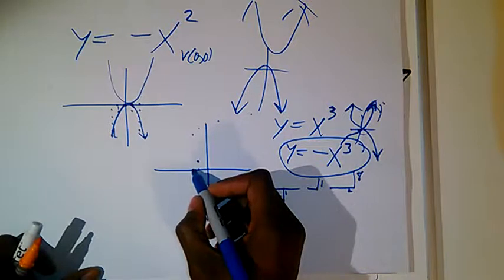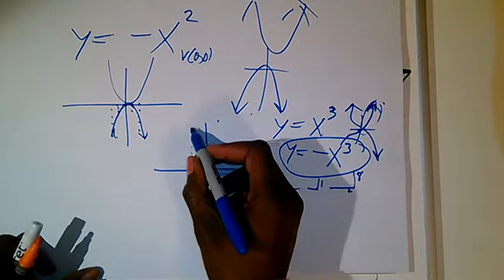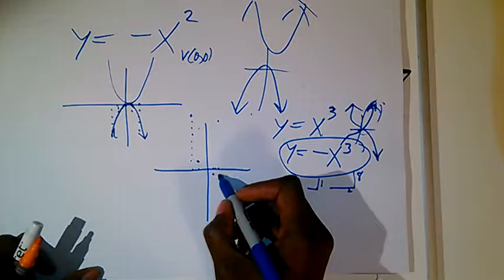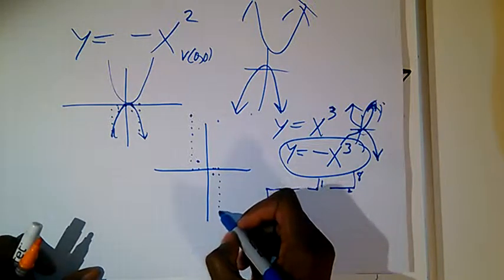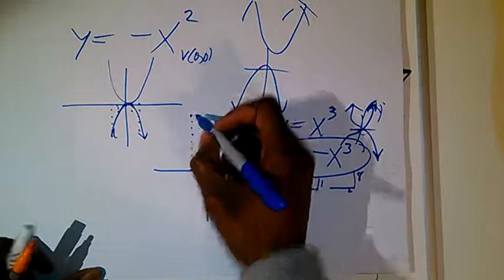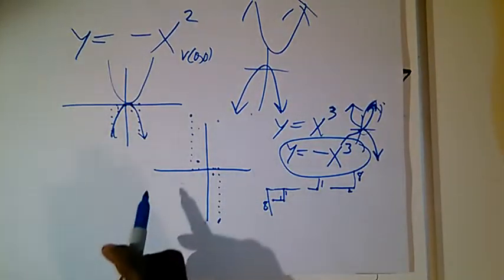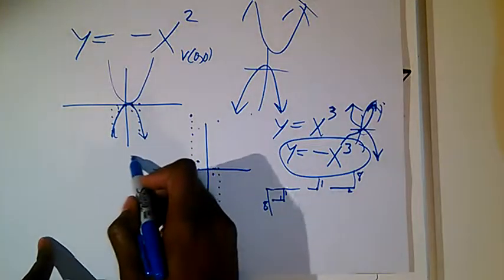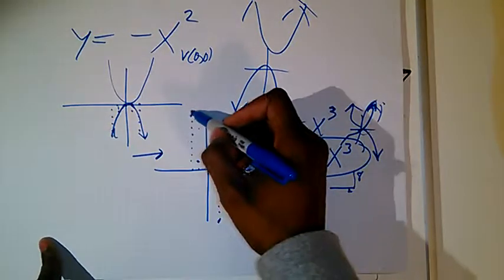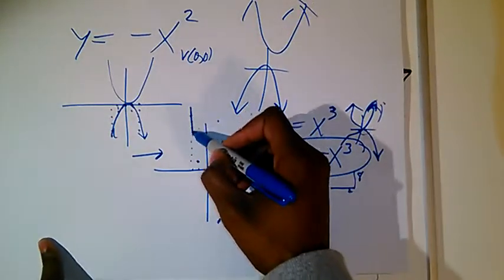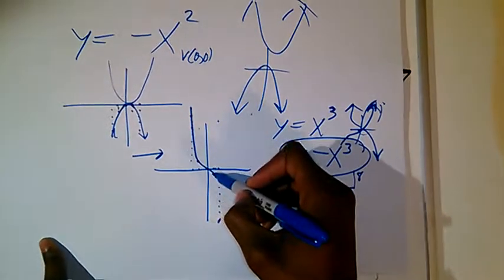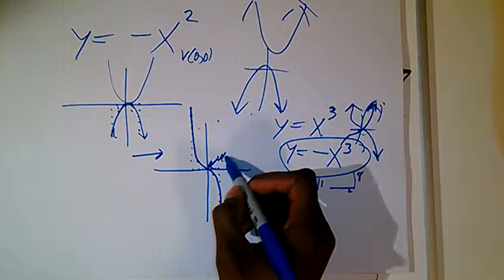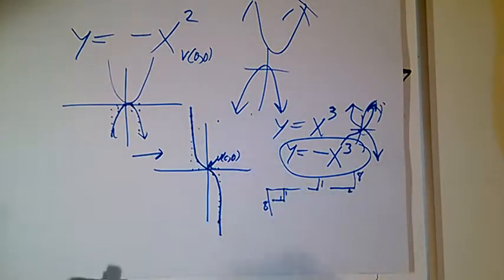Go over twice, go up 1, 2, 3, 4, 5, 6, 7, 8. Go over once, go down once. Go over twice, go down 1, 2, 3, 4, 5, 6, 7, 8. And when you graph a function, or when you read a function, you always read from left to right. So we're going to draw from left to right. Connect the dots like this. Good. And that was our vertex of 0, 0.